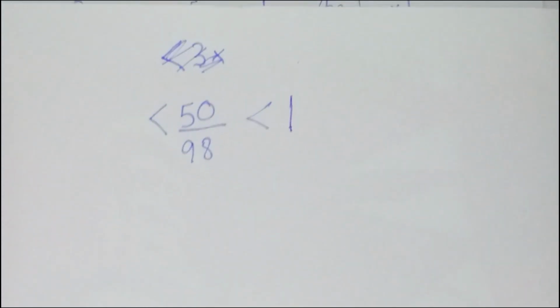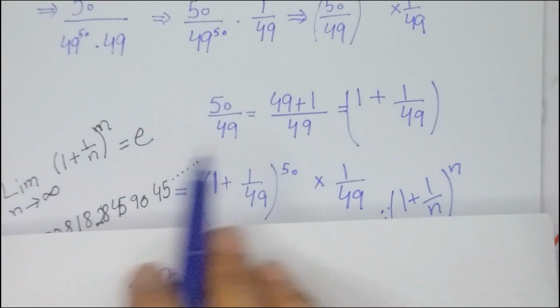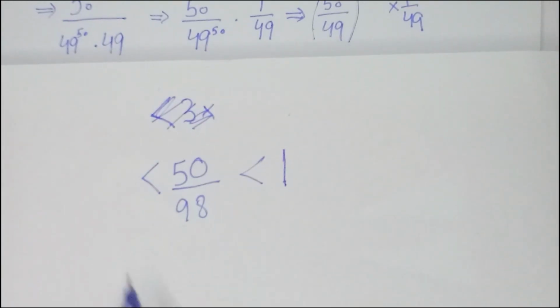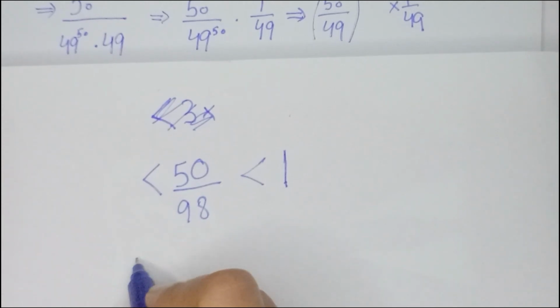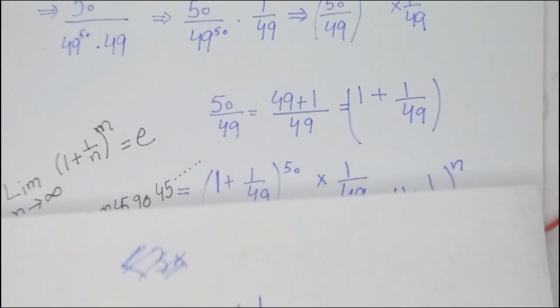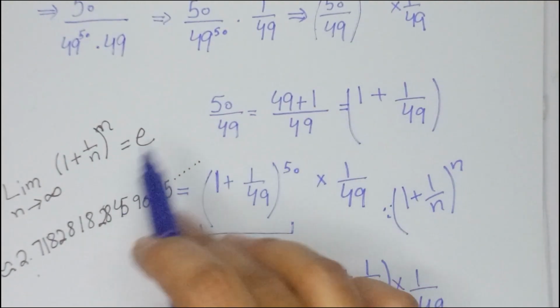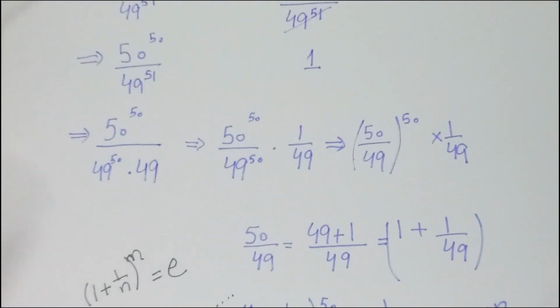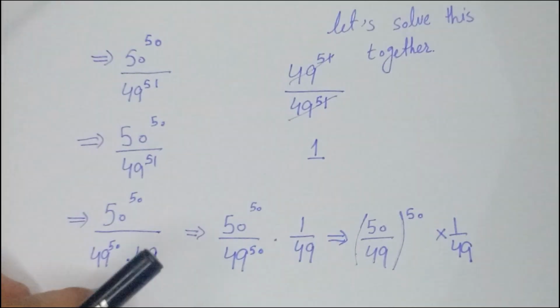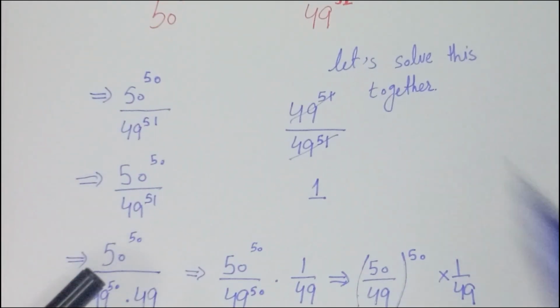So what do we get from all this calculation? What was the left hand side?